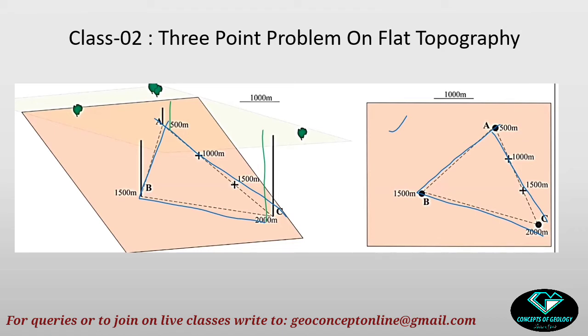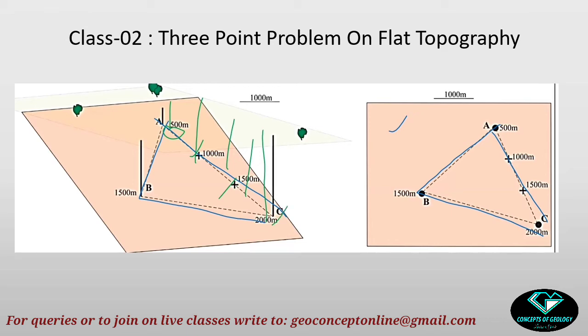That means if I do boreholes here, here, here, I will have intermediate values of depth where I will encounter the unconformity. Suppose this is 500 meter depth, then this is 1000 meter depth, this is 1500 meter depth, and gradually we will come to a point where I encounter the unconformity at 2000 meter depth.